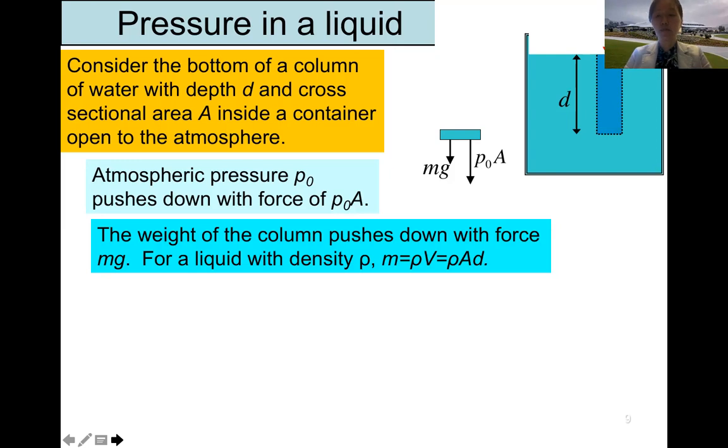So there is a surrounding of this column of water with all the other water around it. These generate a pressure. So this is my column. The bottom surface will feel the underwater pressure pointing upwards.